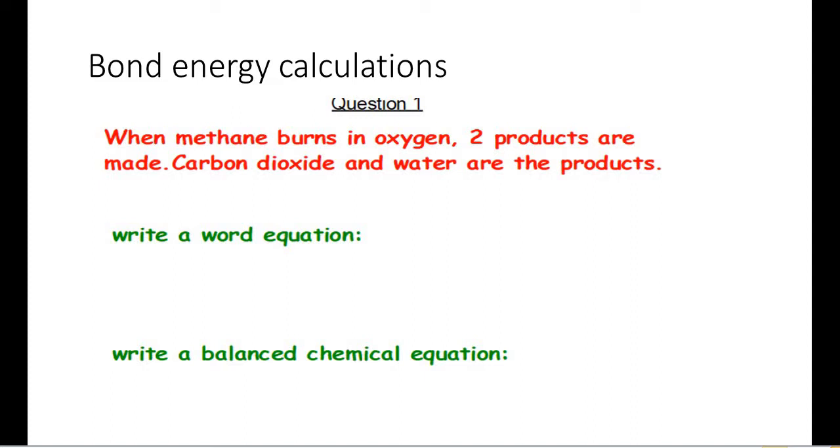And then you should be able to write me a balanced chemical or symbol equation, it says in your book, by again looking at your word equation and transferring them into symbols.